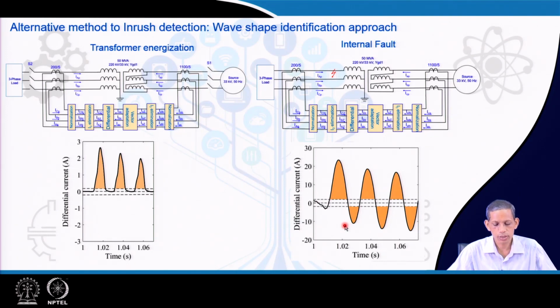We designate these as A positive and A negative, and the wave shape is indicative of whether it is inrush or an internal fault case, which is very close to sinusoidal.